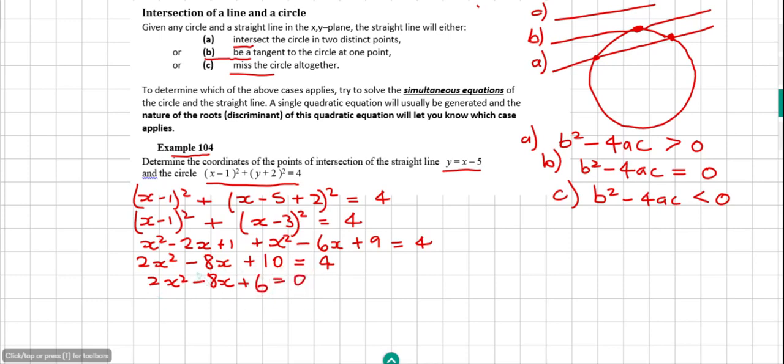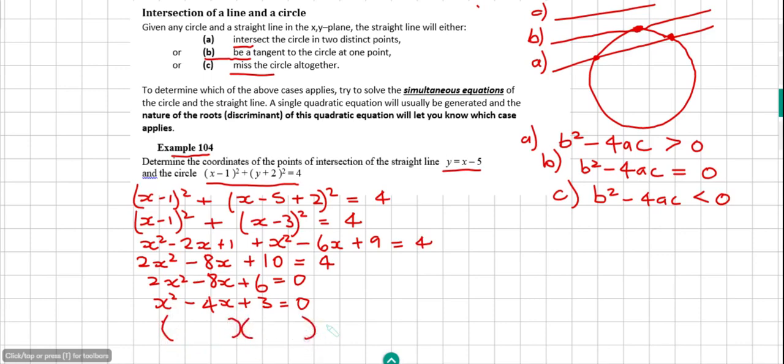And then it's just easy to divide through by 2 at this point to simplify the quadratic. So I'll get x squared minus 4x plus 3 equals 0. And then you can solve that on the calculator or factorize it.